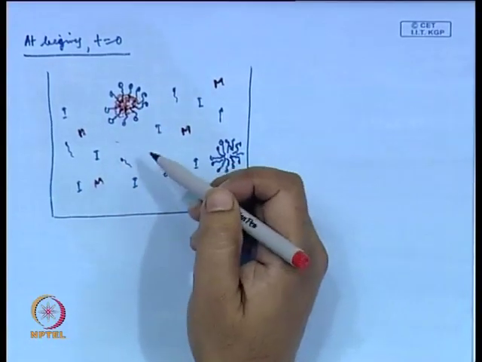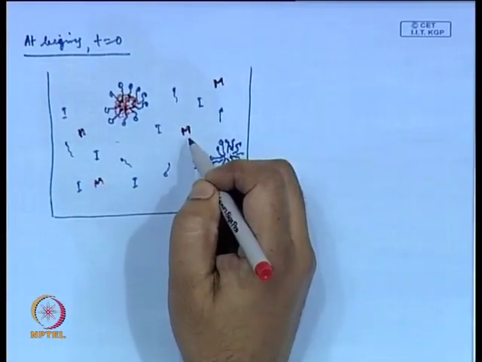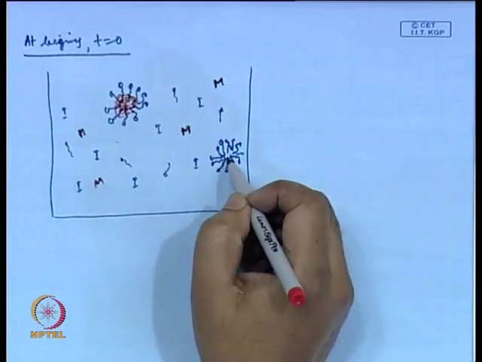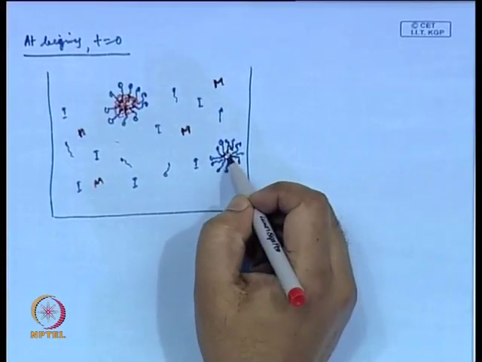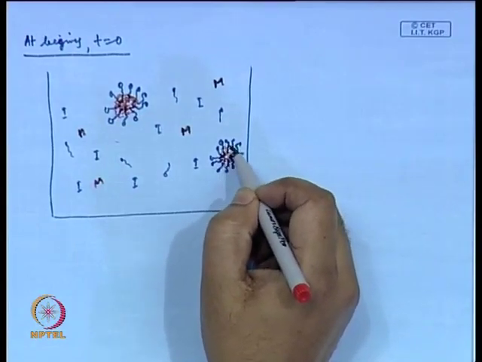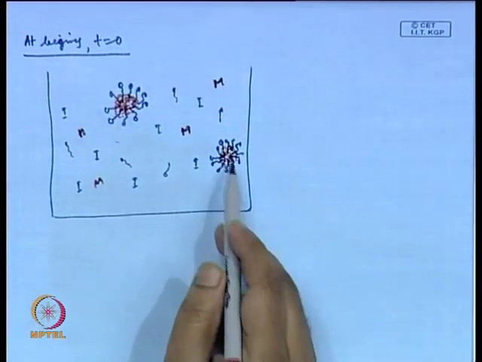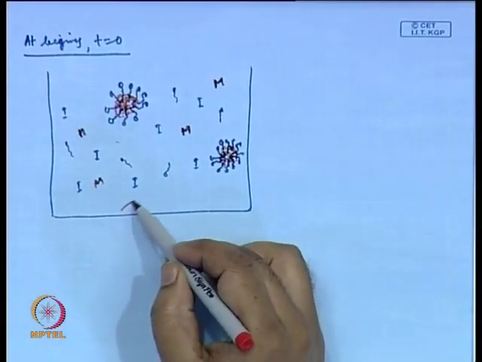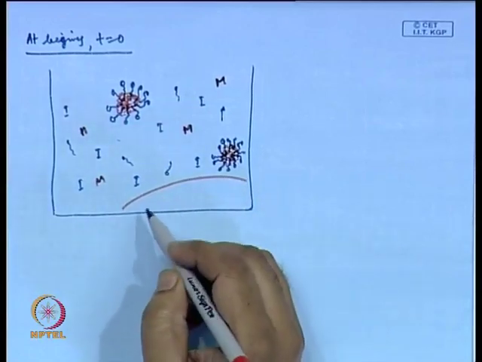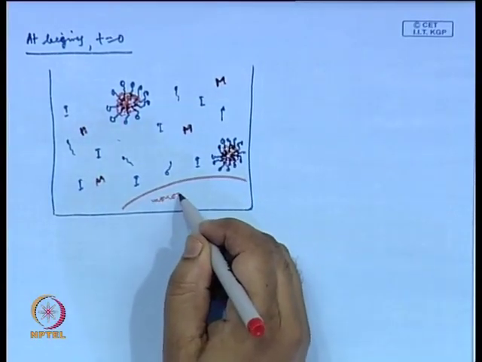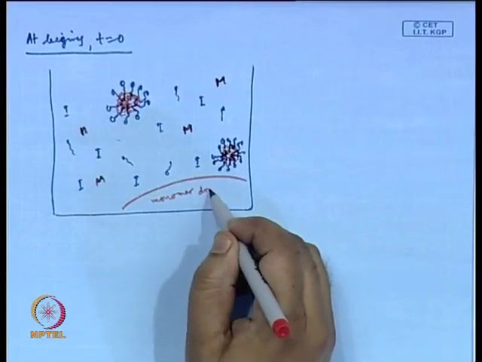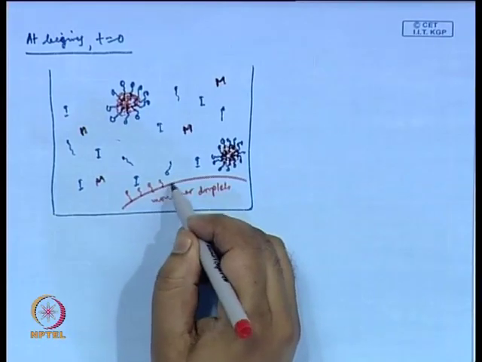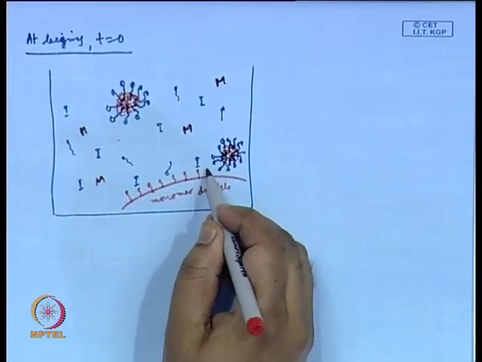So, when you add monomers, a very small fraction of monomer is soluble in the water medium, a small fraction is solubilized inside the surfactant micelle, and a large amount of monomers is present as monomer droplets, which are stabilized by the surfactant.